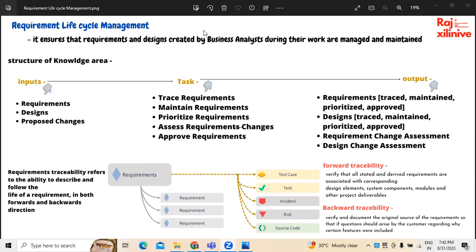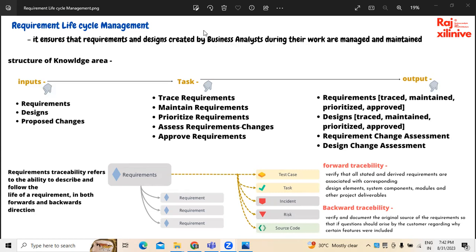The first is tracing of requirements. Second, maintaining of requirements. Third, prioritization of requirements, followed by assessing requirement changes and approval of requirements. So these are the tasks which will be performed by us as a business analyst.